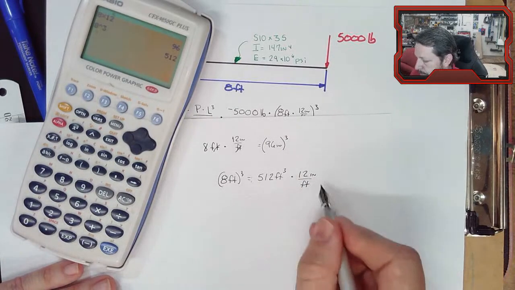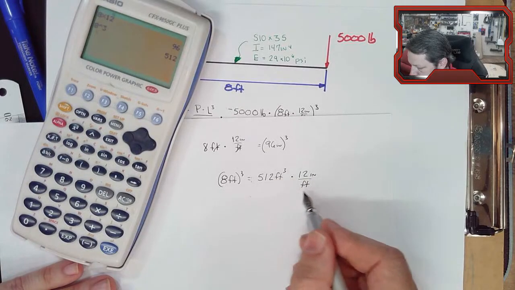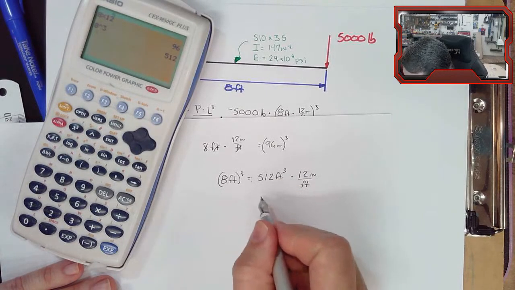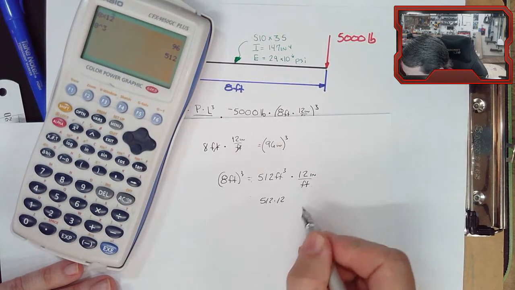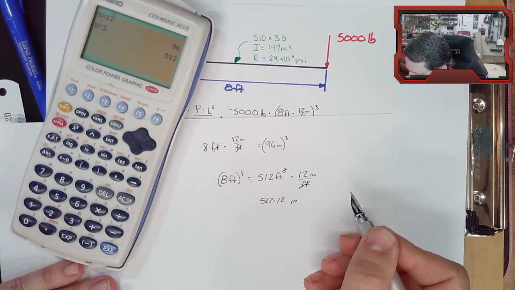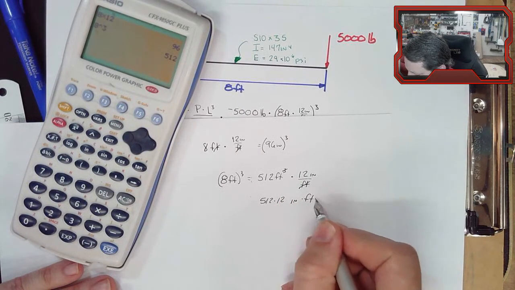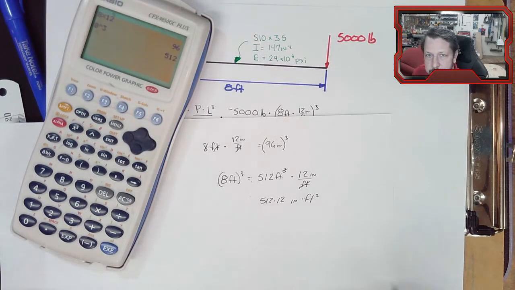If I do that conversion, then my units are going to be really strange. I've got 512 times 12, but my units are inches there. One of these feet cancels with one of those, and I have feet squared. So I have 512 times 12 inch feet squared, which makes no sense for units.